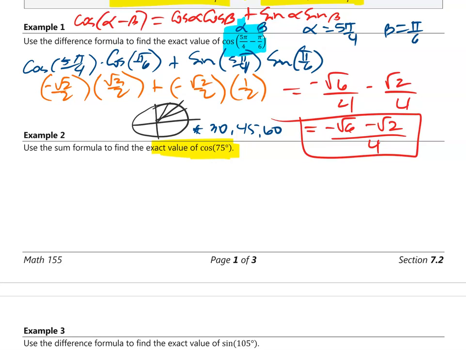Okay, so cosine of 75 degrees is the same thing as 30 plus 45 degrees, right?